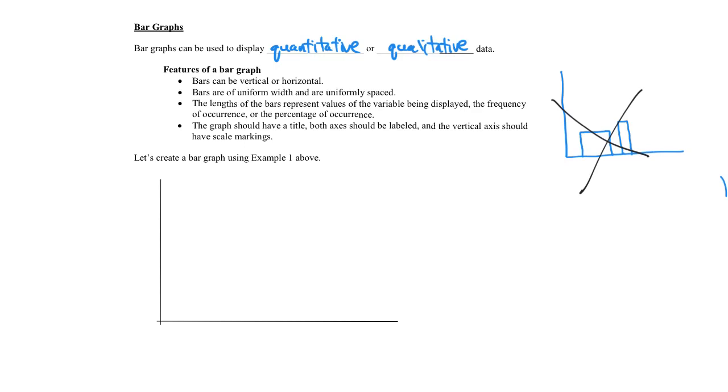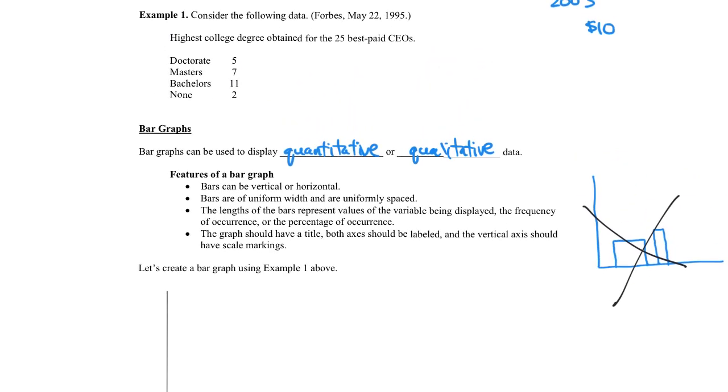The vertical axis should have scale markings. Of course, there are some exceptions to that, but generally speaking, that's what we want. So what we're going to do with this bar graph is take a look at these data here and display them graphically down here.